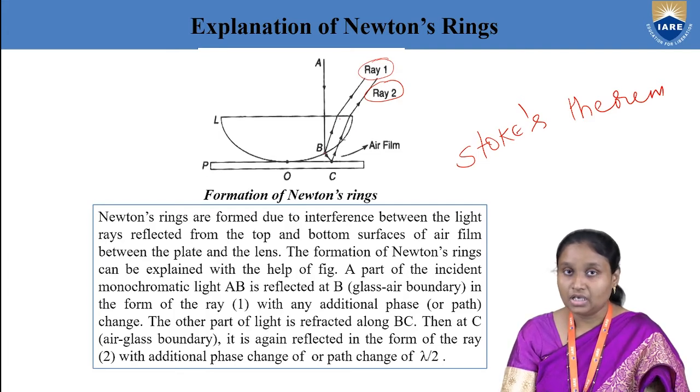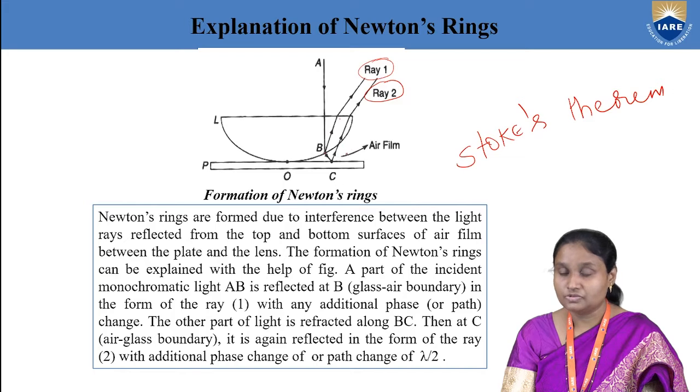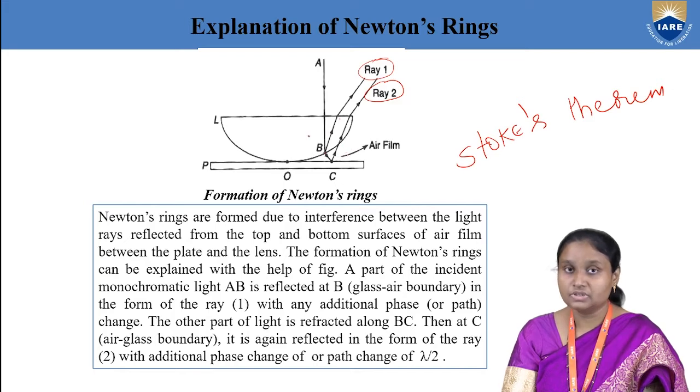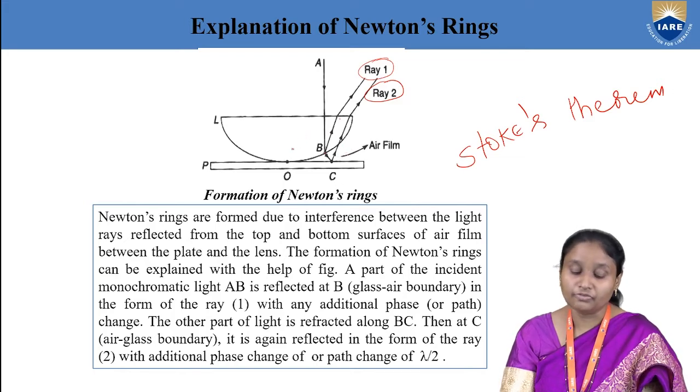Here you can make out that the lens is of glass, whereas the film is made up of air, and air is a rarer medium compared to glass. For air, the refractive index is 1, whereas for glass it is around 1.5. So glass is denser than air.